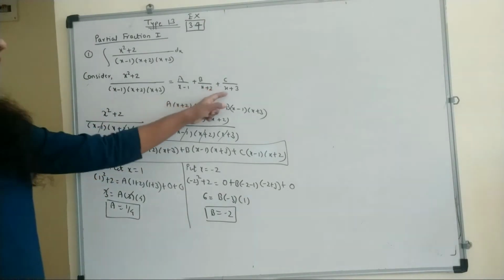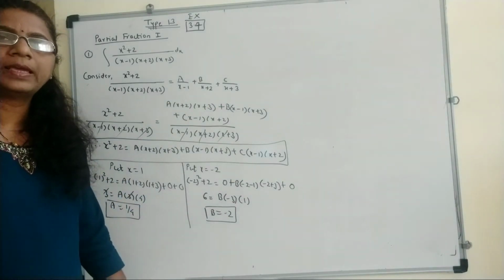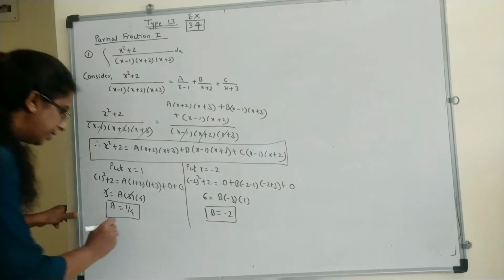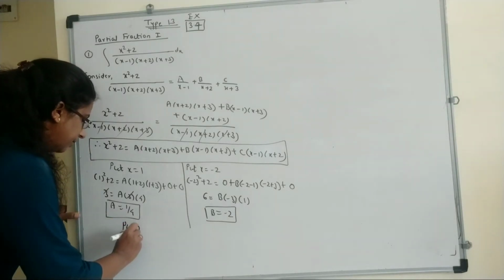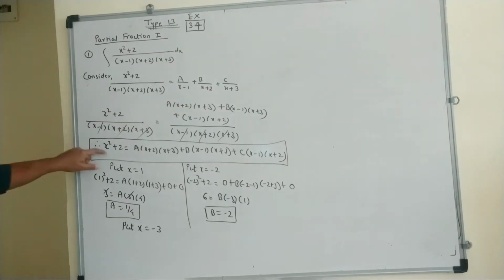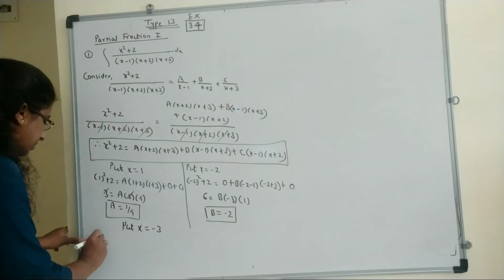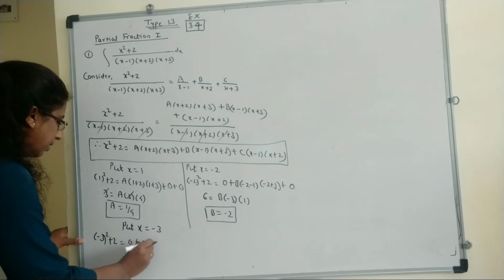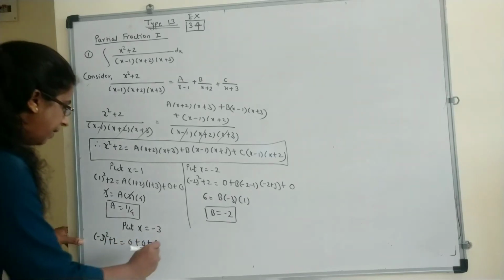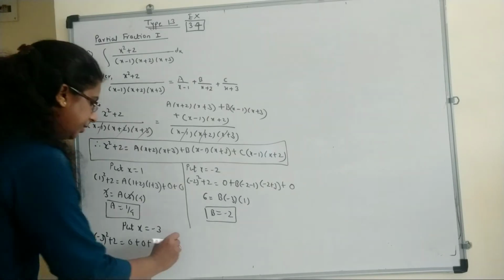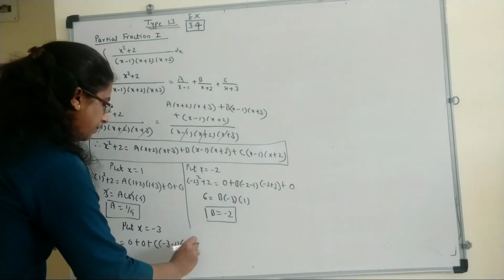Now consider the third factor. x plus 3 is there. Equate करा equal to 0. x plus 3 is equal to 0. म्हणजे x ची व्हॅल्यू काय आहे इथे minus 3. So again we substitute x is equal to minus 3 in the same equation. So this is minus 3 square plus 2. First two terms 0 येतील बघा. c into bracket minus 3 minus 1 into minus 3 plus 2.